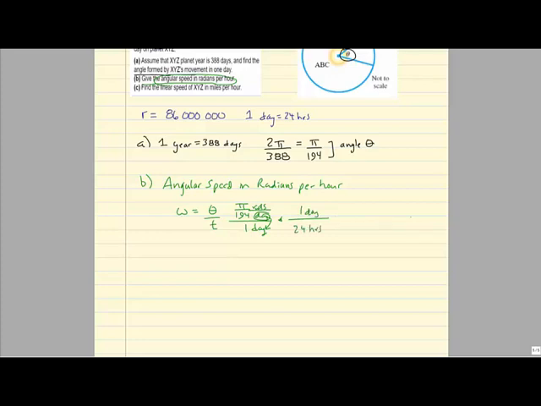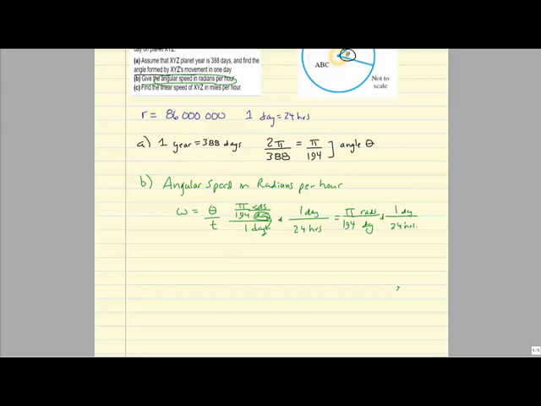Okay, so multiplying, I have pi over 194, and then this is going to be multiplied by 24, but I'll give you some more detail on how that works. So pi over 194, and again this is radians per day, times 1 day is 24 hours.